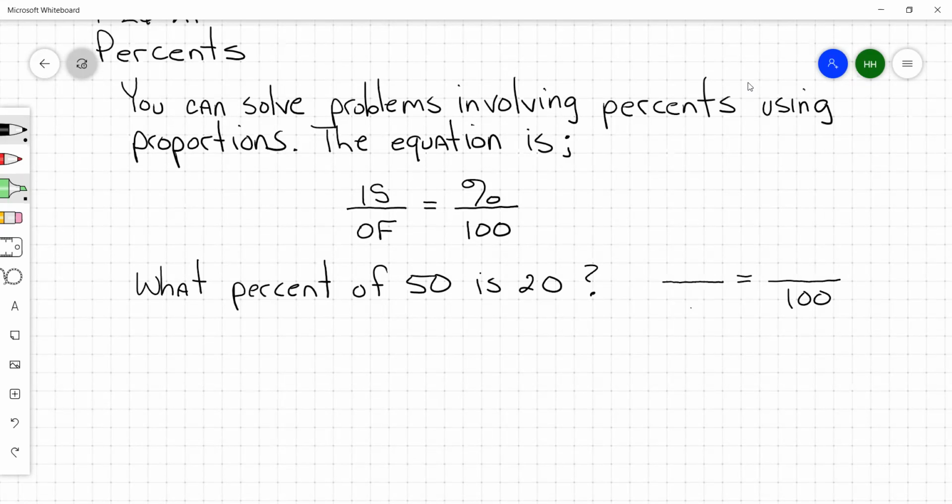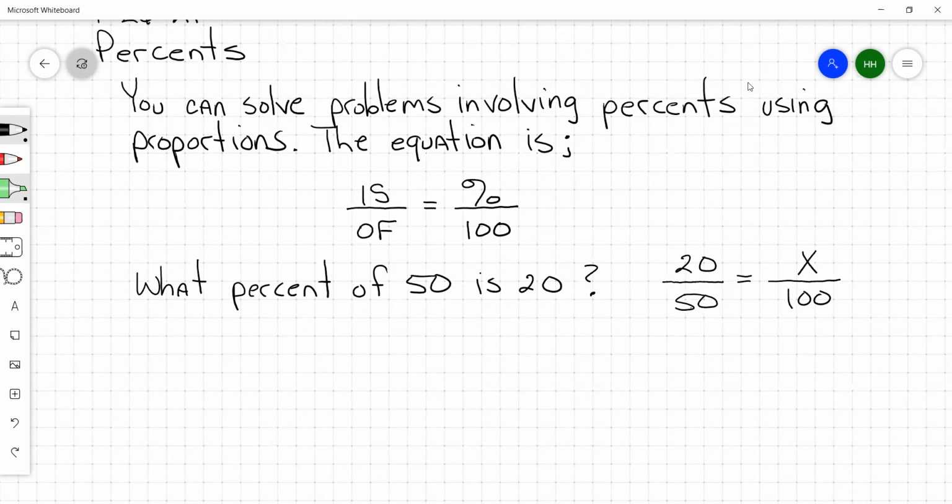You find the of, and it goes in the denominator. The percent you're trying to find goes in the numerator over 100. In this case, what percent is your variable, the of is 50, so 50 goes in the denominator, and the is is 20. That's your setup.